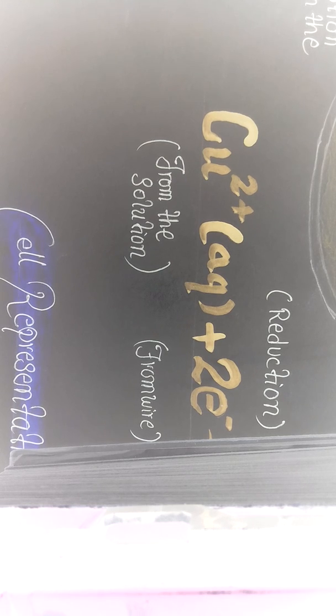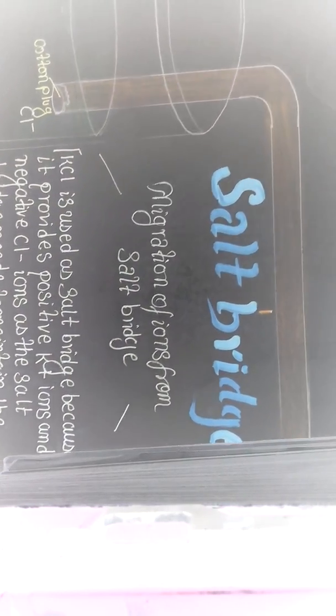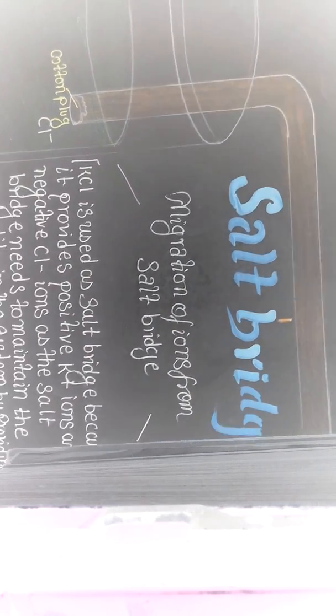Now, if we have to represent a galvanic cell in very short form, we do not use these diagrams. The question will be to represent the galvanic cell in very short form, and then we apply this short form.